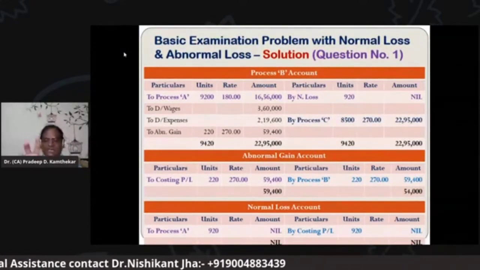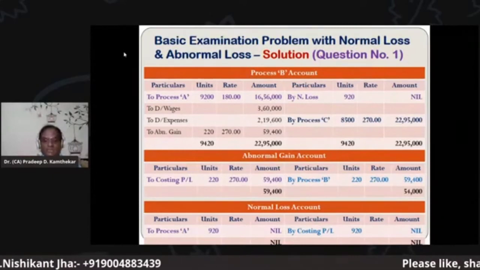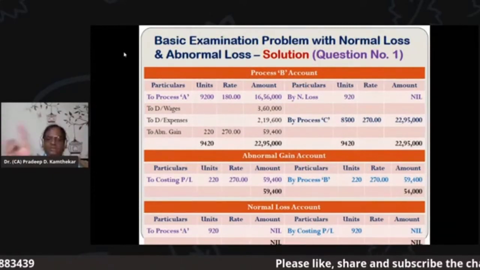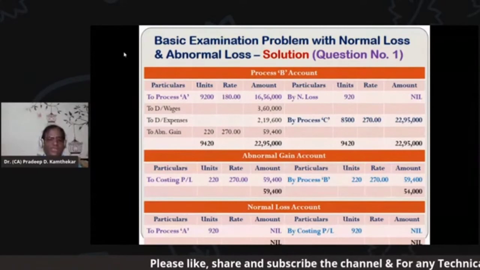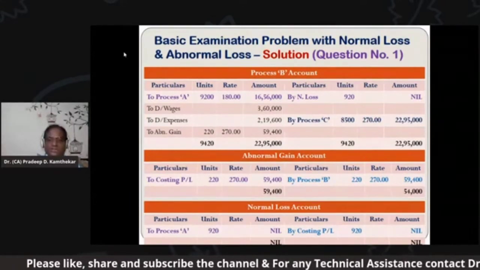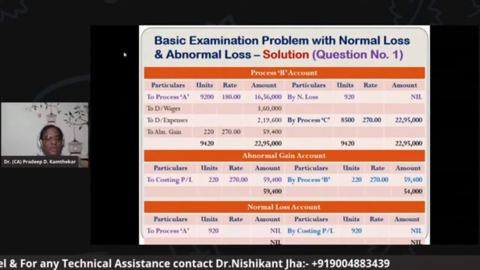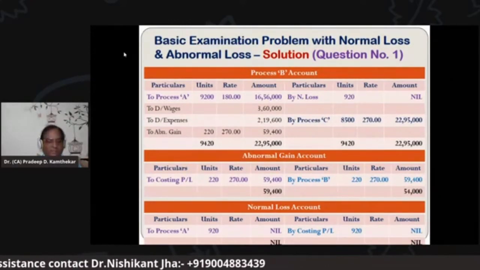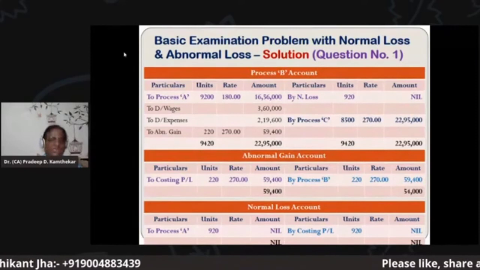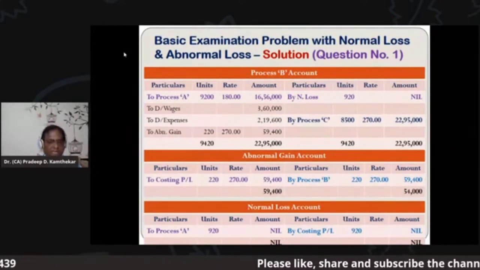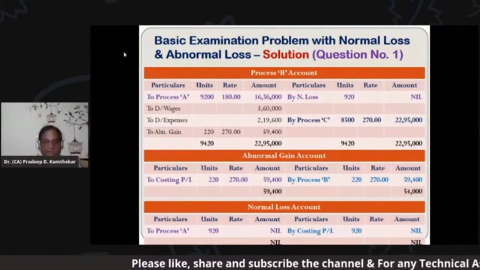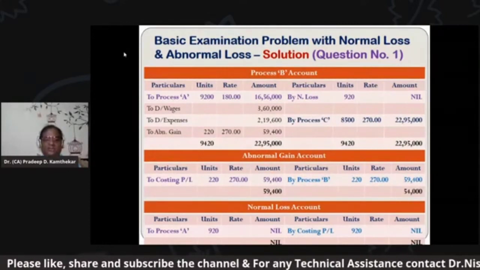And at this rate, see, now abnormal gain will always come on the debit side because there is a saving in the normal loss. So saving is by 220. So 920 plus 8,500, you get 9,420. On the debit side, we had 9,200 as received from process A. So difference is of 220. This 220 is abnormal gain units. So 220 units, rate is CPU always, and then that value is 59,400.